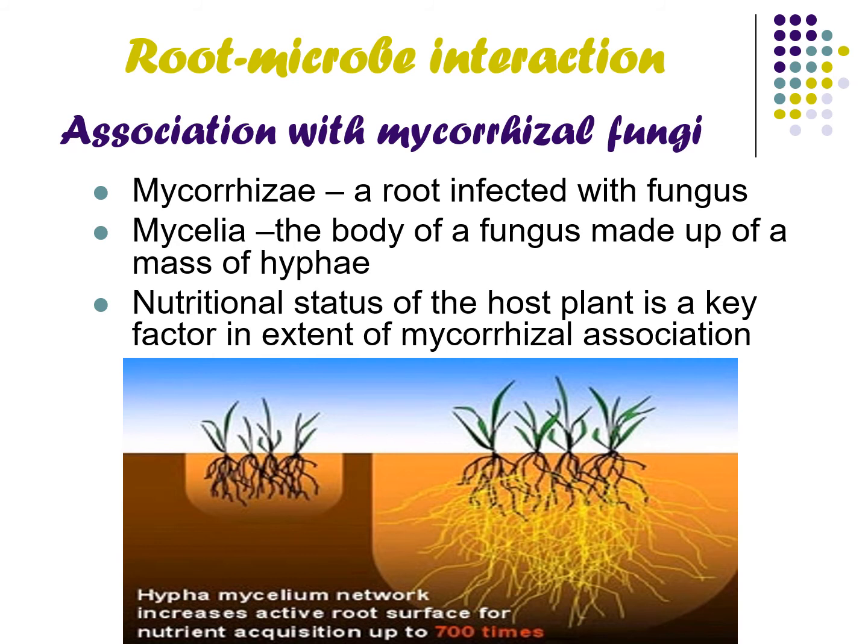The nutritional status of the host plant is a key factor in the extent of mycorrhizal association. Soils which are moderately deficient in phosphorus promote infection, while soils with abundant nutrients suppress association or may shift it from symbiotic to parasitic interaction.